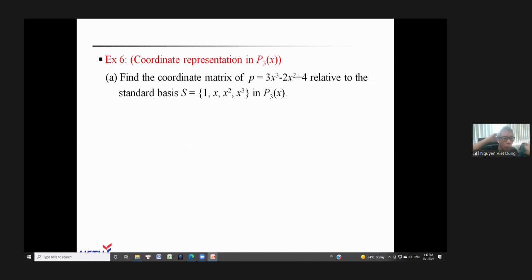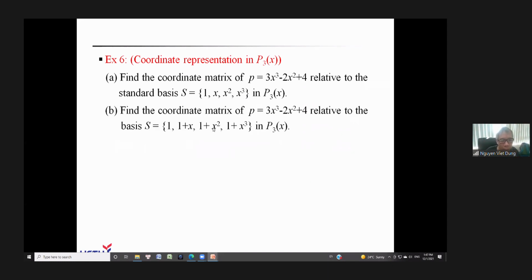Then we know that it has a standard basis consisting of 1, x, x squared, x cubed. Suppose that you are given a polynomial P like that, and you need to find the coordinates of P relative to the standard basis S.